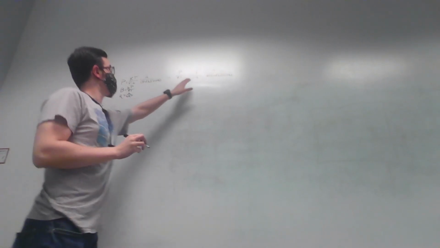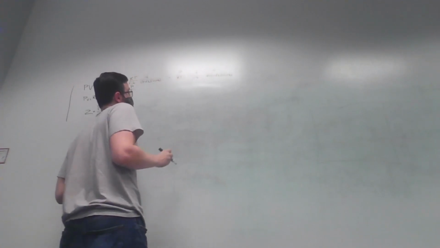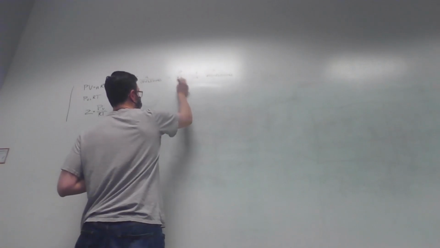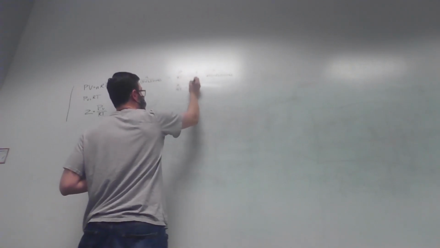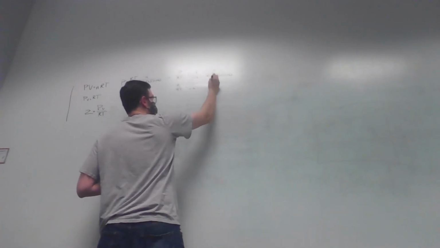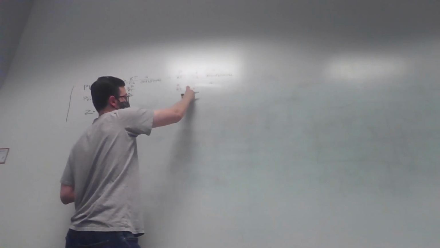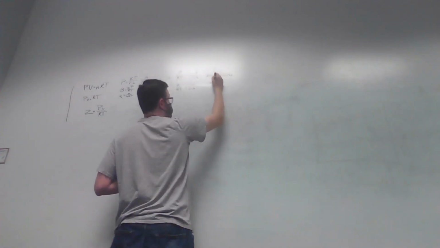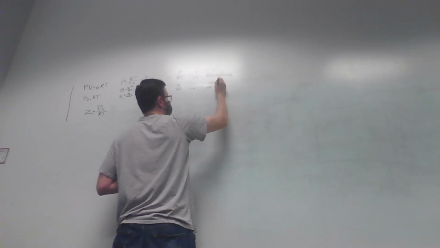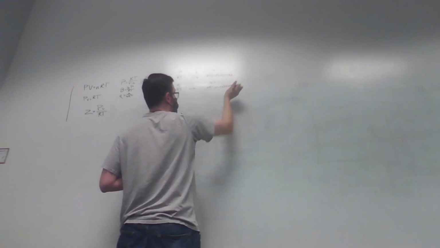Now what else do we need? Well, we need V, so we're going to multiply all of this by V. PV over RT equals V over V minus b, minus a times volume over R times temperature, volume plus epsilon b, volume plus omega b.